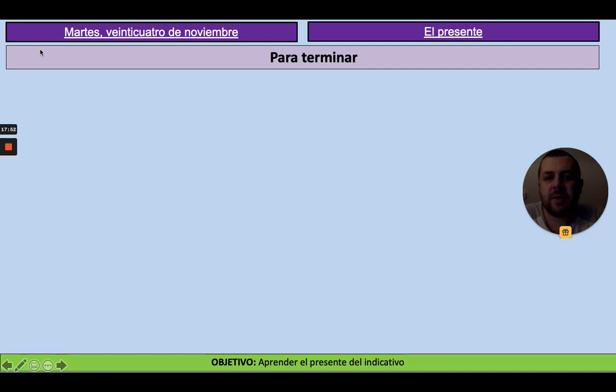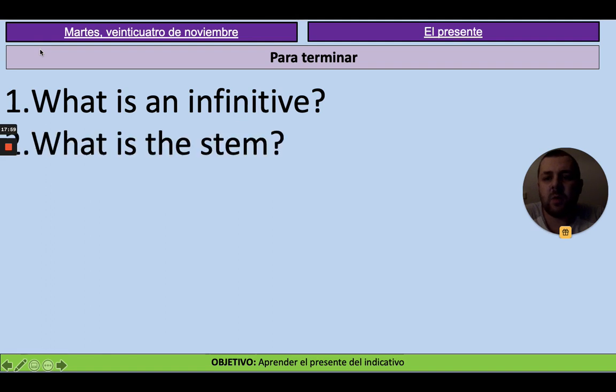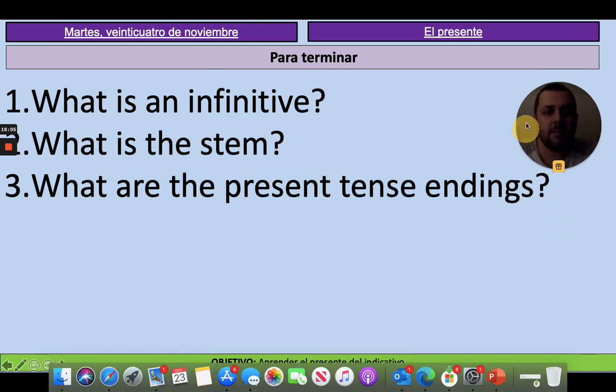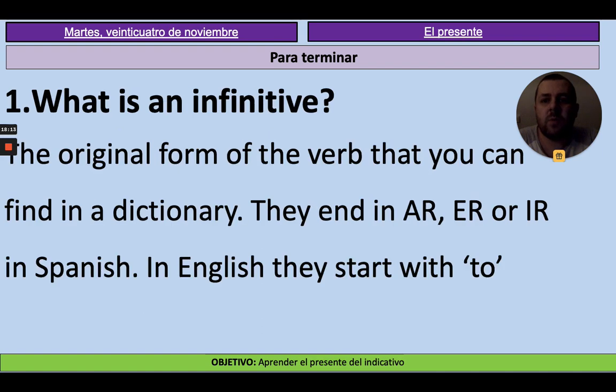Okay, so to finish with, answer these questions. What is an infinitive? What is the stem? What are the present tense endings? So, pause the video and answer those questions. First of all, what is an infinitive?